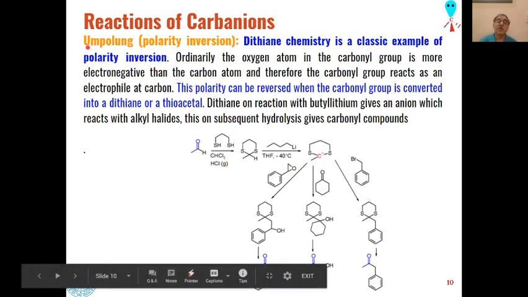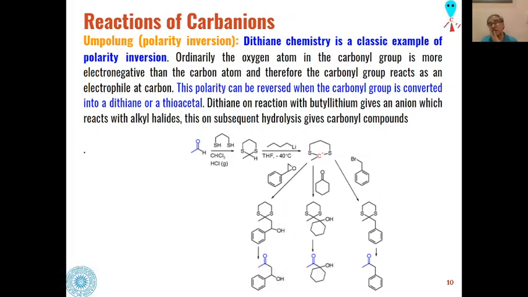Then comes Umpolung, and we have seen in the previous lecture that these are reactions where inversion of polarity takes place. For example, in the case of alkyl halides, R, the alkyl, is the positive part, and X is the negative part.